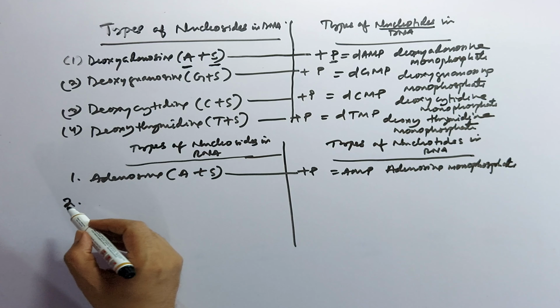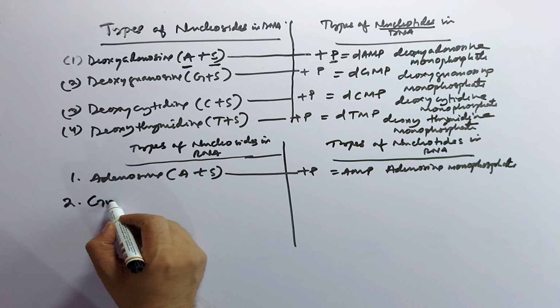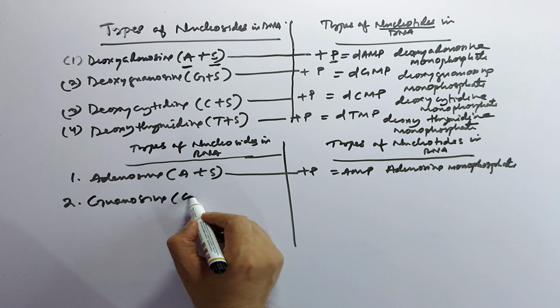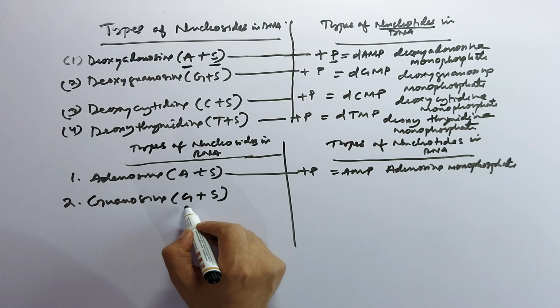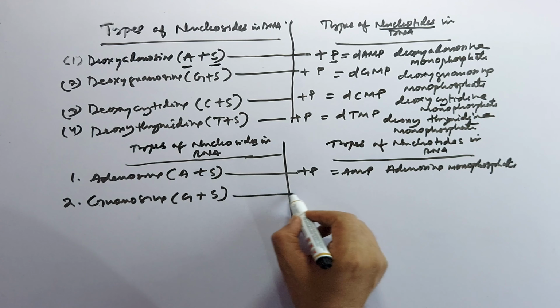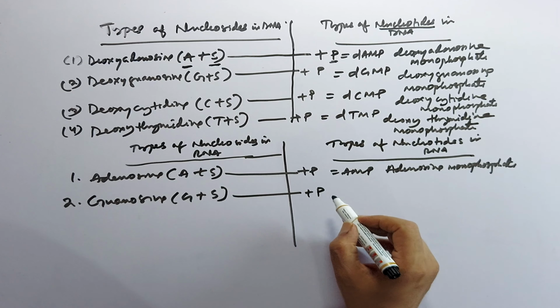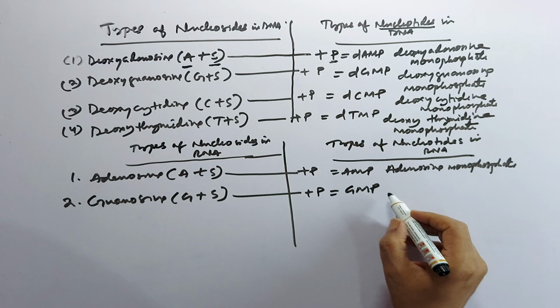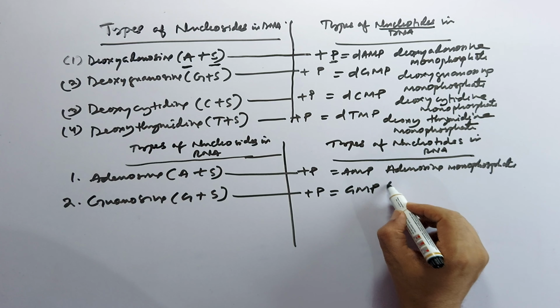The second one is guanosine, that is G plus S, guanine nitrogenous base and the pentose sugar. When added with phosphate, this is GMP, guanosine monophosphate.